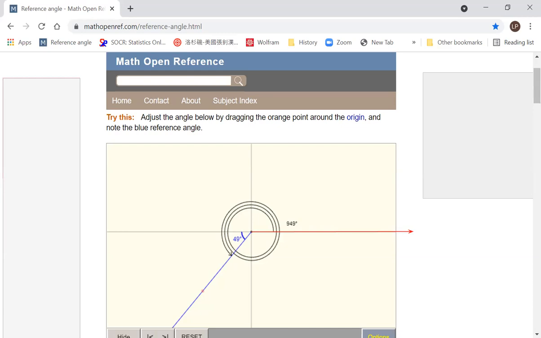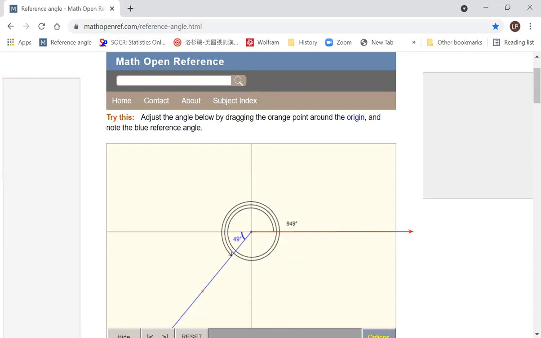The reference angle is the positive acute angle between the terminal and the x-axis. Okay, I want you to reflect on those words. Every word counts. All right, so that's case number 3.